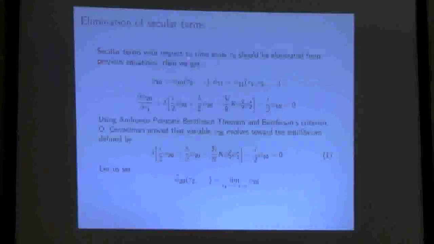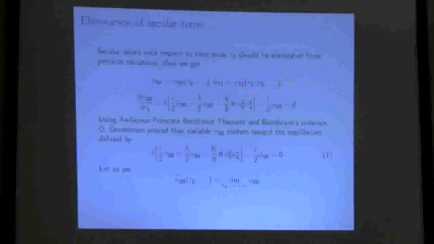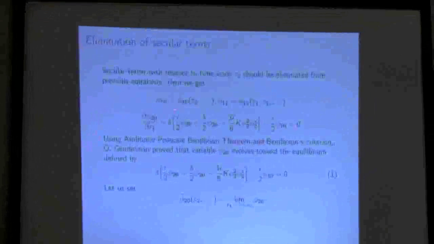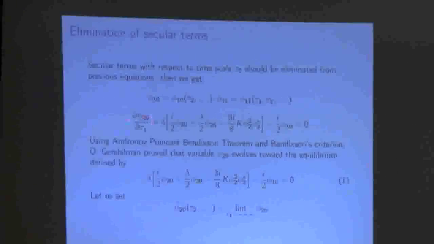So secular terms with respect to time scale tau 0 should be eliminated from previous equations. I eliminate the secular terms, and I find finally that phi 1,0 depends only on tau 2, phi 1,1 depends potentially on tau 1 and tau 2, and then I have this differential equation, but it is an equation for phi 2,0 versus tau 1.